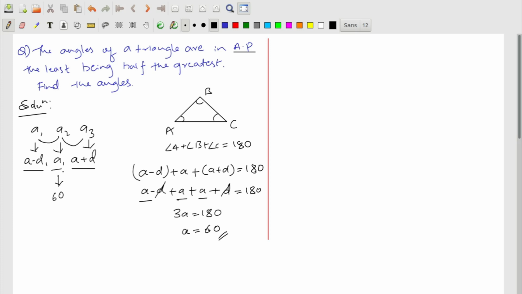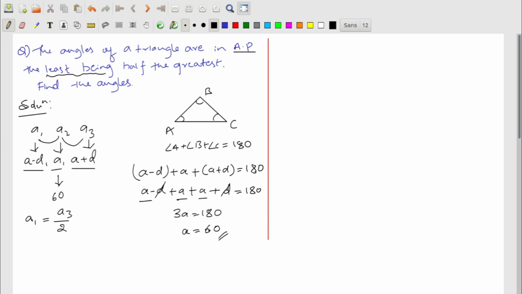So now to find the other two angles, we need D, and to find D, you need to use the second condition, right? So what is the second condition here? The least being half the greatest. So what does it mean? The least term. So out of these three, your A1 is the least angle, or the least term is half of the greatest, that is A3 by 2, right? So this is the condition.